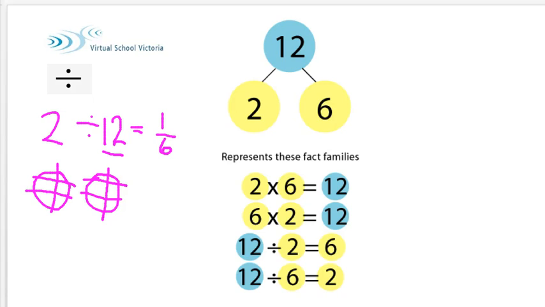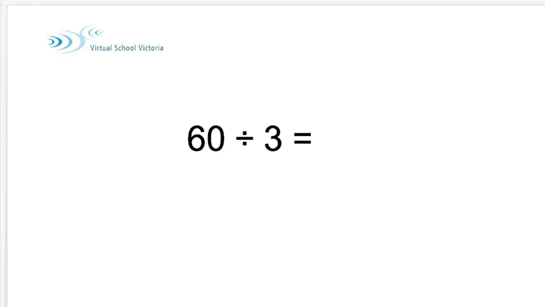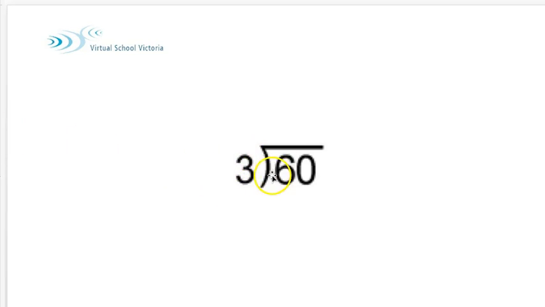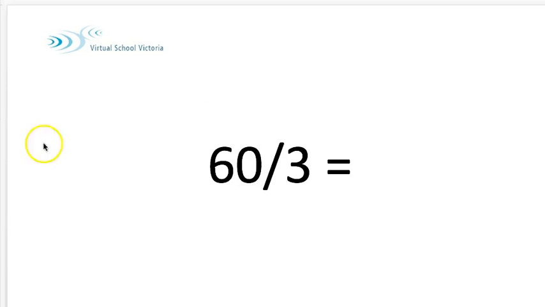Now let's have a look at the next one, which is, this is what a division problem looks like. This is a common way that they're represented. Here is another common representation of division. And here is yet another one, 60 divided by 3.